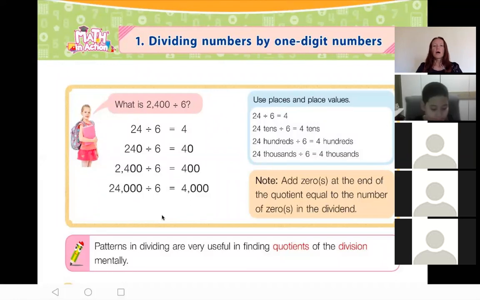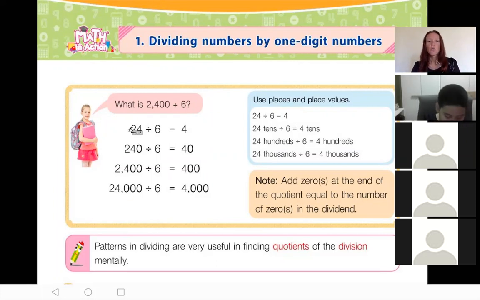All right, and here we have to divide 2,400 by 6. How are we going to do this? What should we do first?